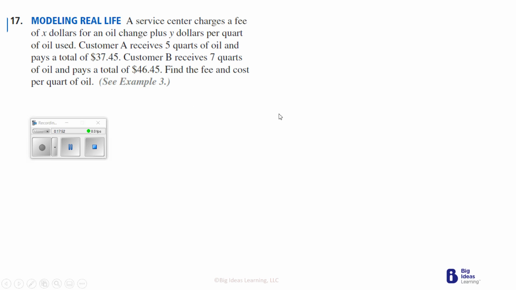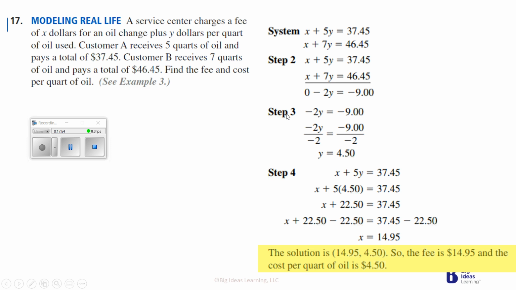All right. If I do this, I see that I have a system. X, and they're saying, let's see, this one would be the customer A receives 5 quarts of oil and pays a total of $37.45, right? And remember, they said there's a service charge.